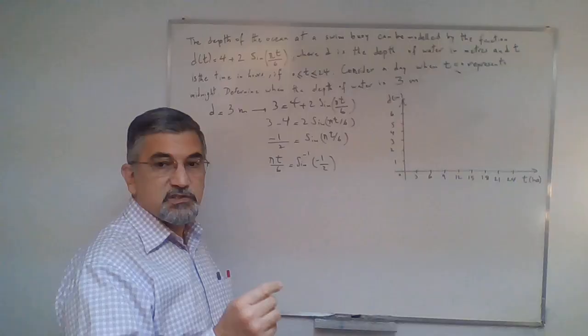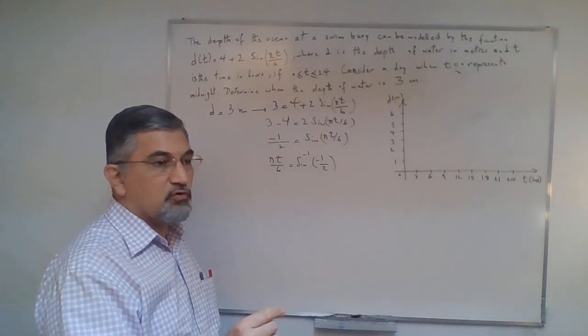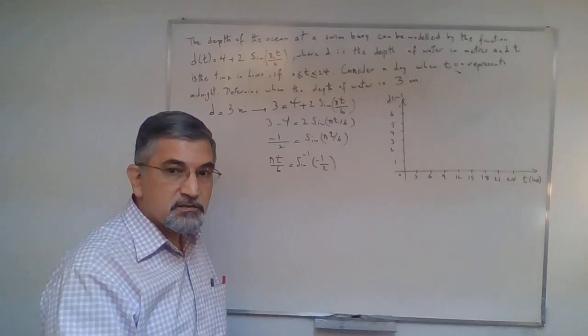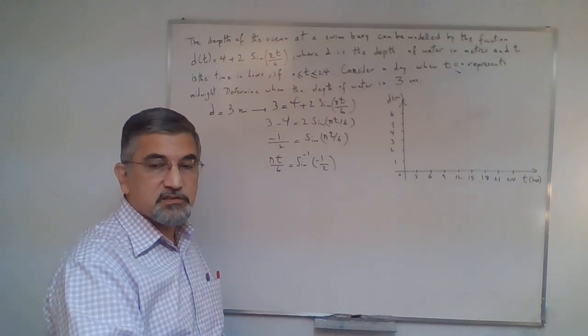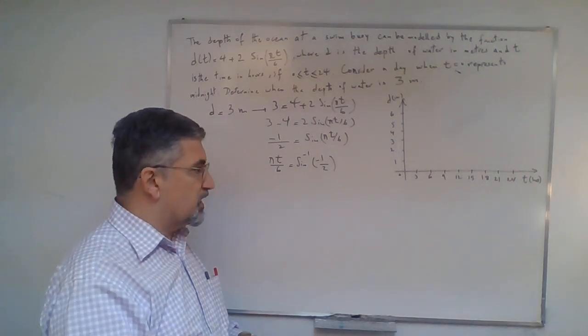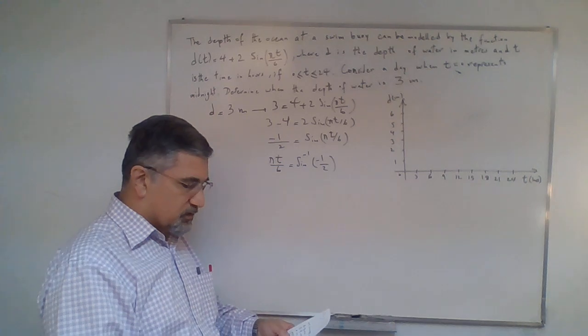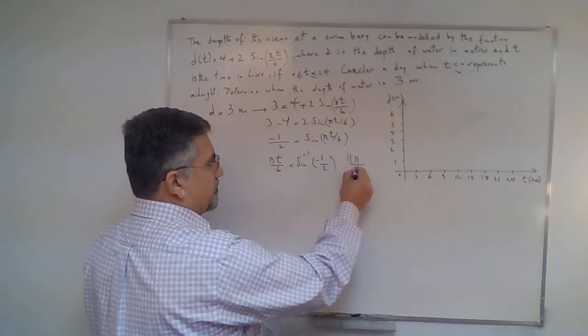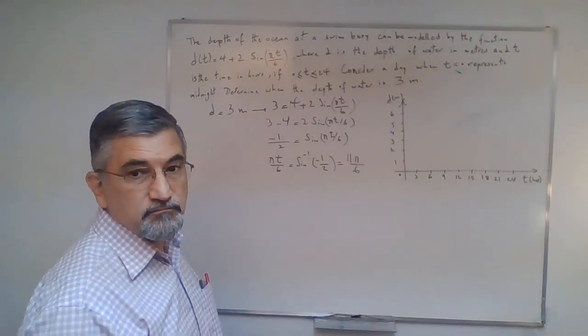So instead of negative pi over 6, I'm going to use the first coterminal angle with negative pi over 6, which is negative pi over 6 plus 2 pi. And that would be, of course, 11 pi over 6. So 11 pi over 6.